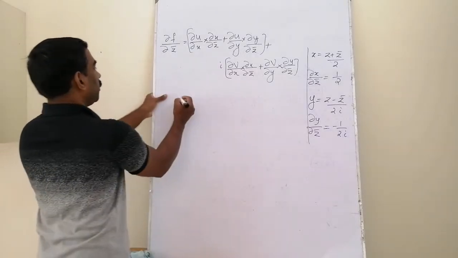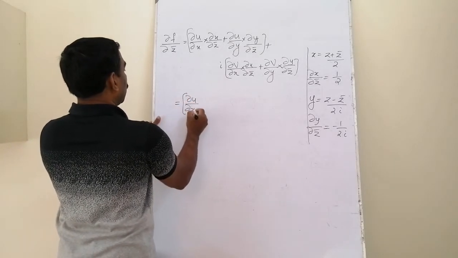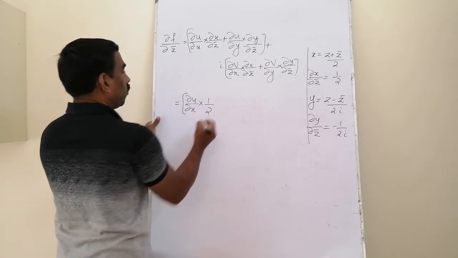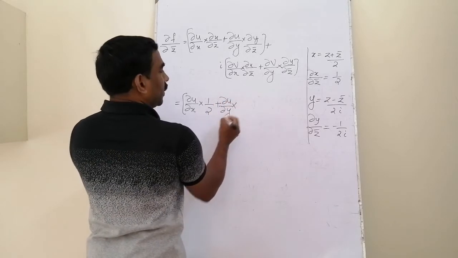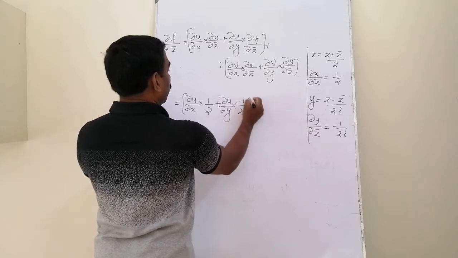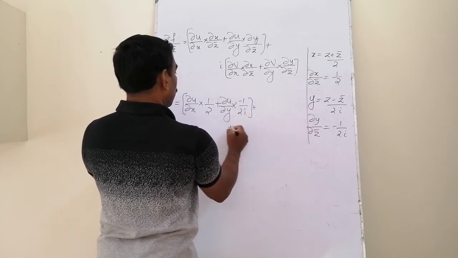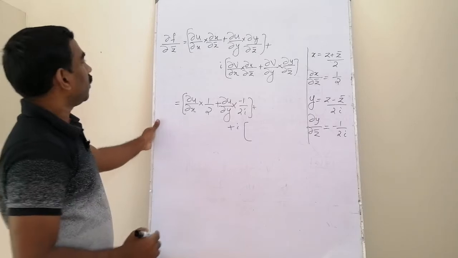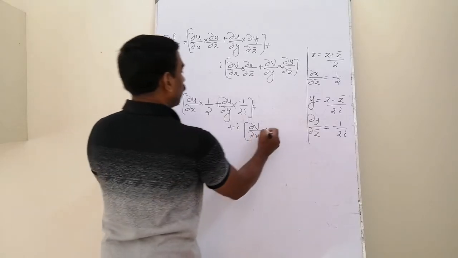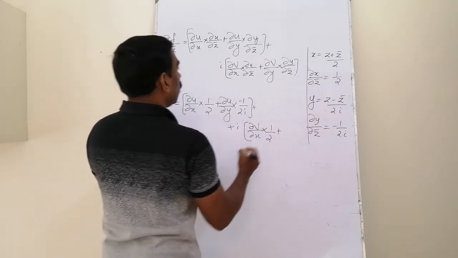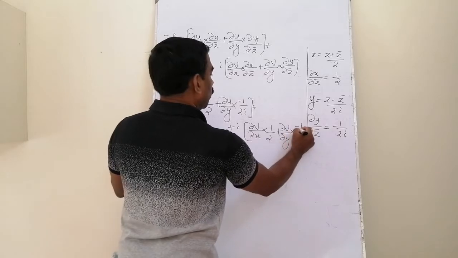So substituting all these values, dou f by dou z bar is equal to dou u by dou x into dou x by dou z bar, which is 1 by 2, plus dou u by dou y into dou y by dou z bar, that is minus 1 by 2i, plus i into dou v by dou x into dou x by dou z bar, which is 1 by 2, plus dou v by dou y into dou y by dou z bar, minus 1 by 2i.